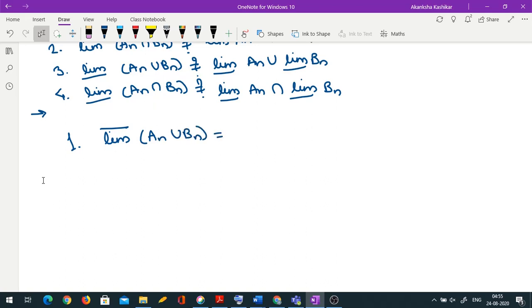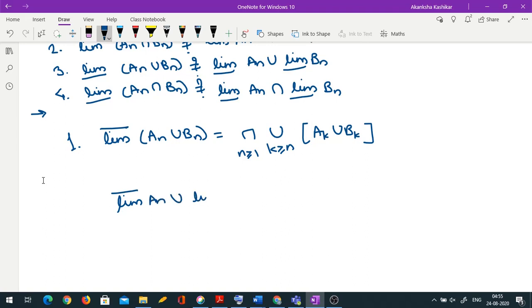So this would be intersection union Ak union Bk, where k is greater than or equal to n, n greater than or equal to 1. This is my definition of lim sup. I want to check whether this is equal to lim sup of An union lim sup of Bn.